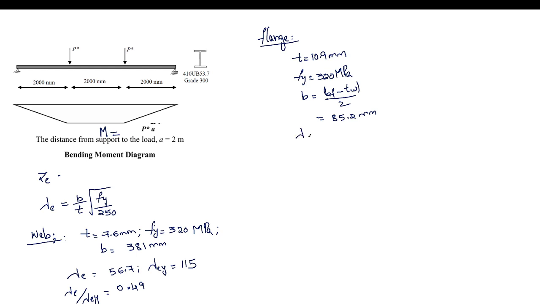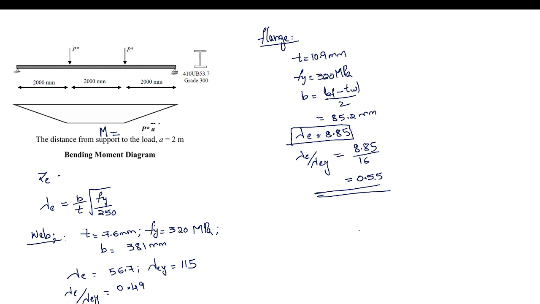Then lambda e is calculated as 8.85, and lambda e over lambda ey for this flange is calculated as 8.85 over 60, which is 0.55. Now the ratio is higher for flange, so I need to consider the lambda e as 8.85 instead of 56.7.